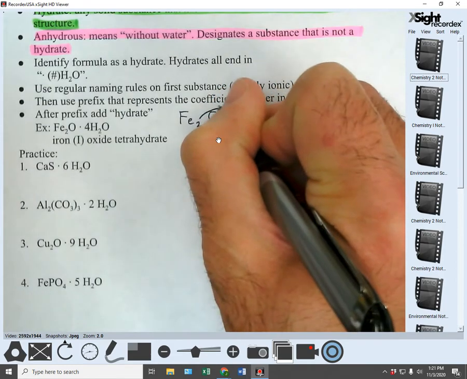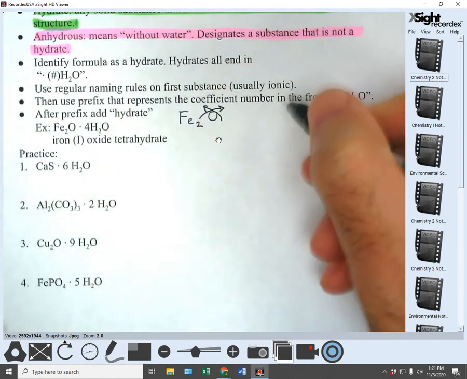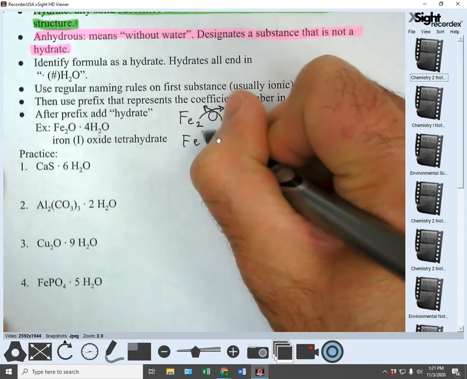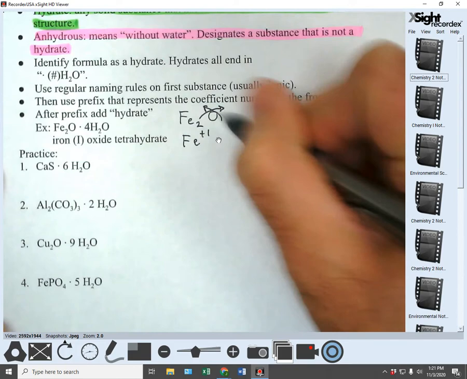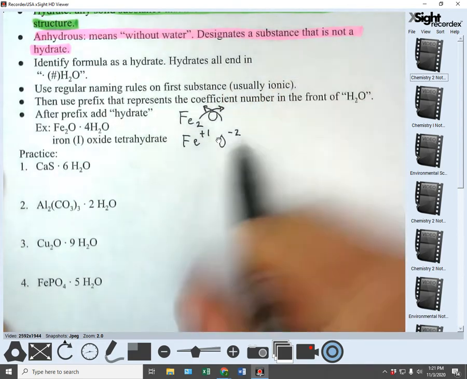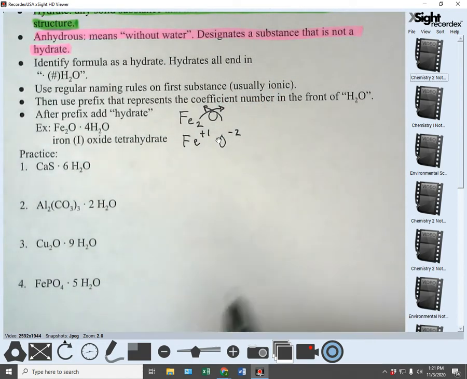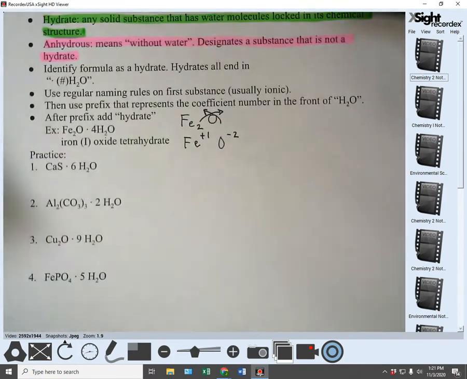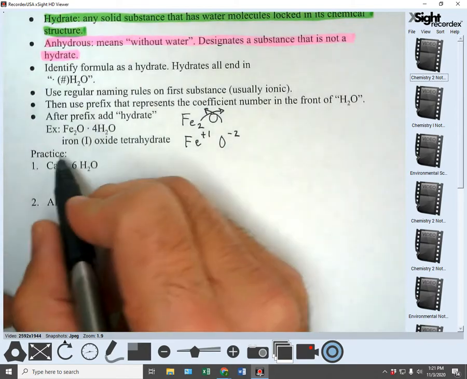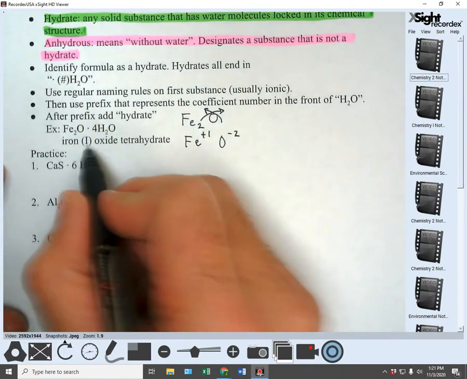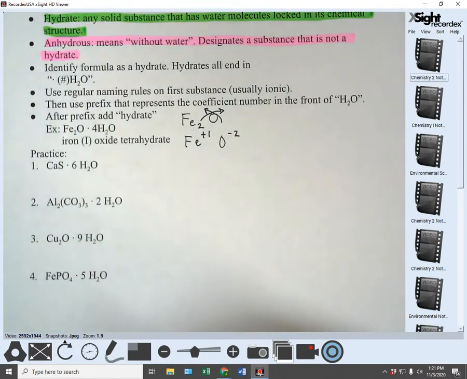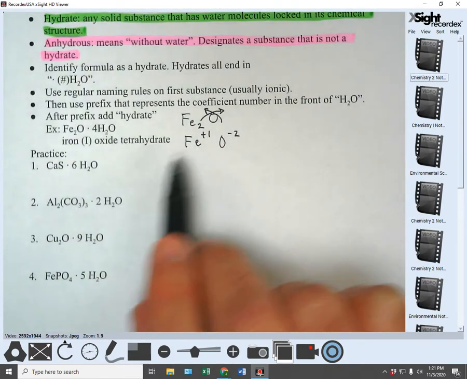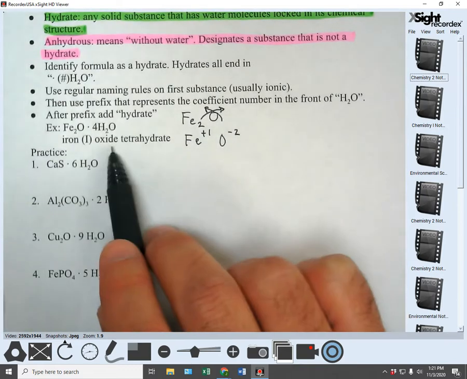Reversing the charges, okay, we end up with Fe plus 1, because remember the first thing is always positive, second thing is always negative. O, negative 2. We check for reduction. I've got negative 2 on the oxygen here. We look on our periodic table. Oxygen is supposed to be a negative 2, so it was not reduced. So we write iron, Roman numeral, because we need to know the charge in the name. So Roman numeral 1. Oxygen, it's monatomic, so it turns to oxide.